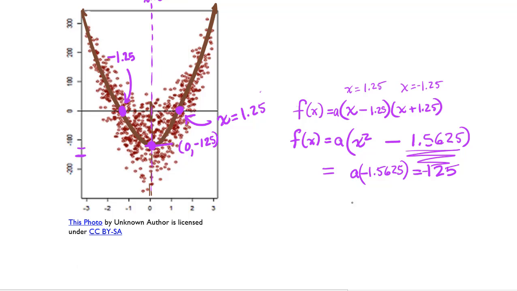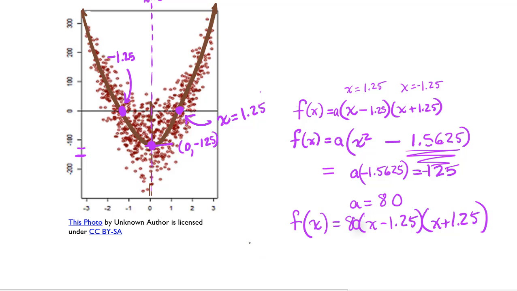So a equals 80. So my function would be 80 times (x minus 1.25) times (x plus 1.25). Now I could have also used this idea of vertex form, but you can also use this form right here.